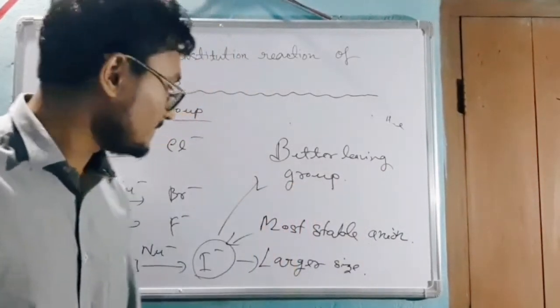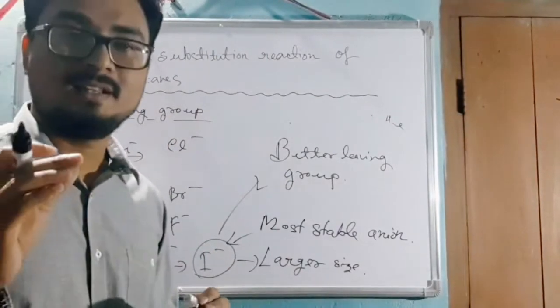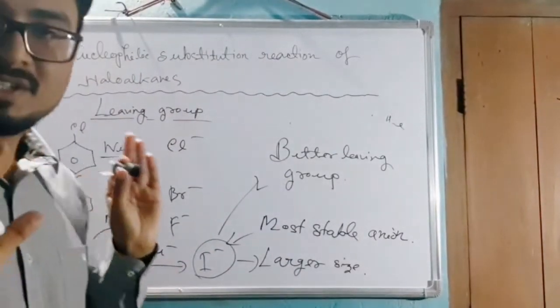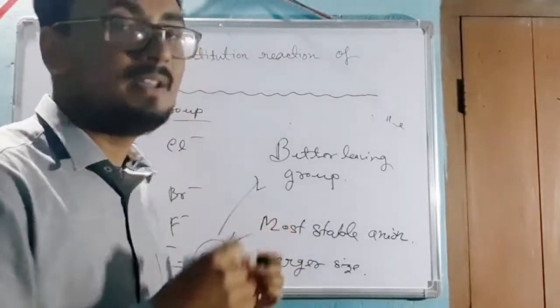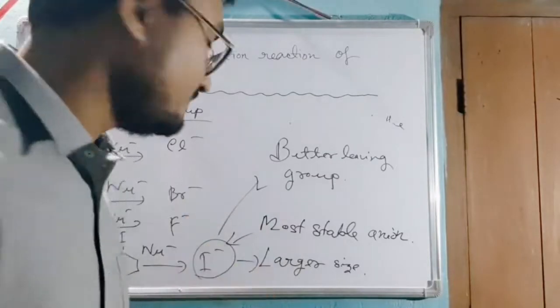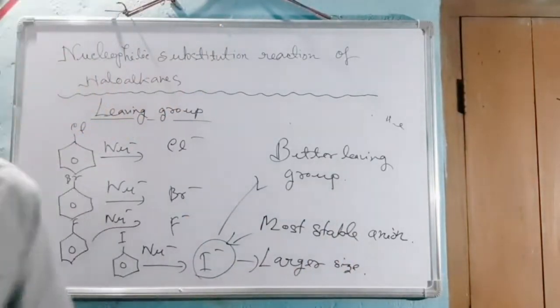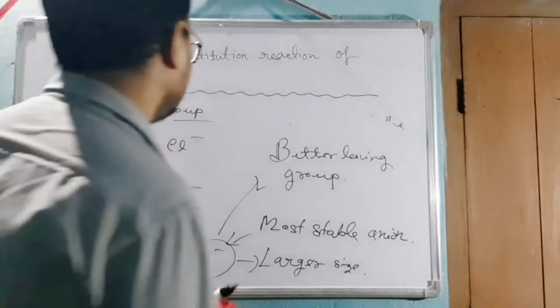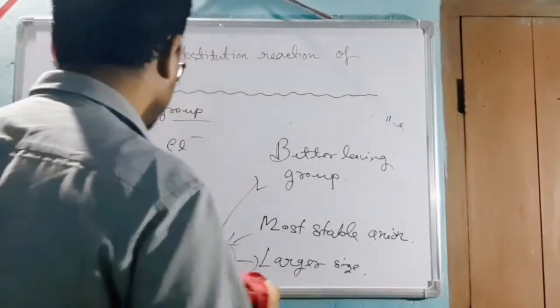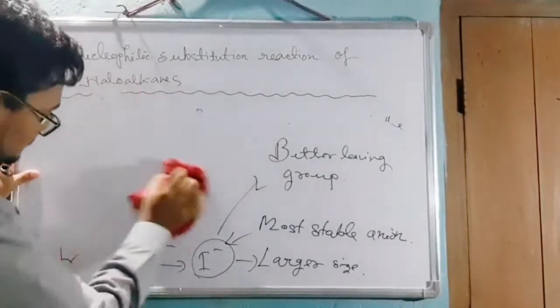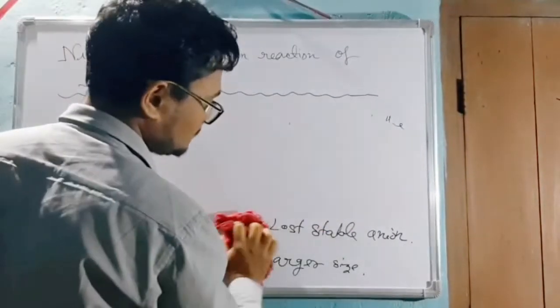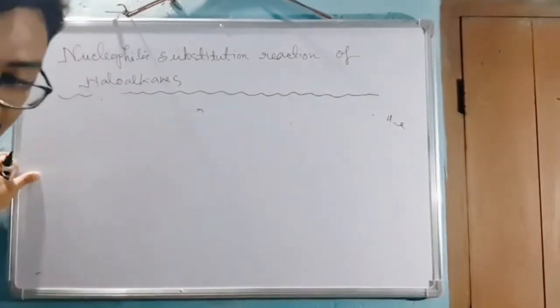In an exam, the question may ask which one has a better leaving group. It is clear that if the most stable anion part is there, it will have a better leaving group. Now we take another example.